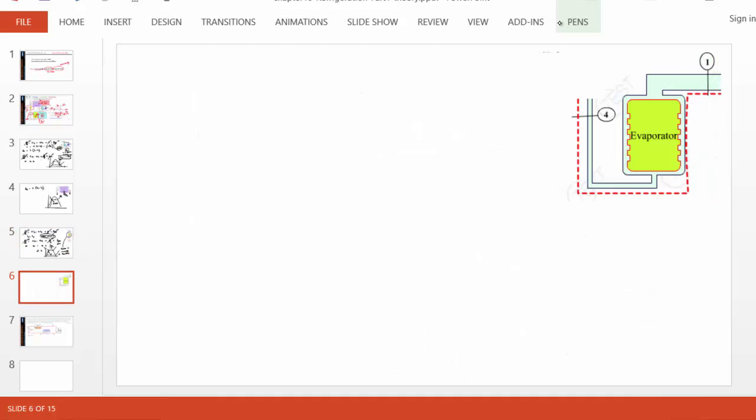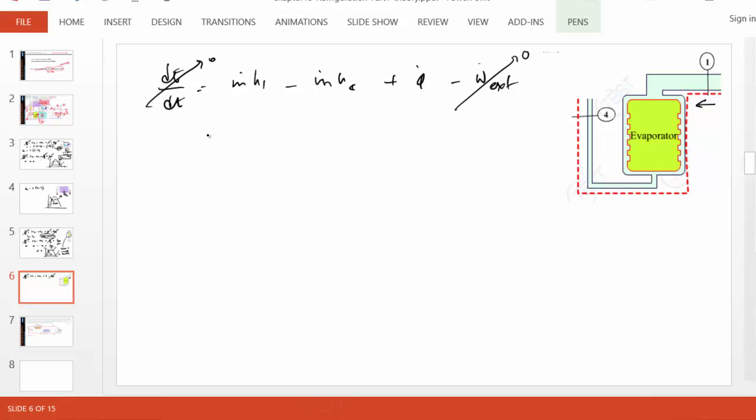Finally, let's analyze the evaporator. In an evaporator, the EDT equals m dot H1, that's the energy coming in, minus m dot H4 plus Q dot minus W dot external, which simplifies as no external work. 0 equals m dot (H1 minus H4) plus Q dot. And Q dot is what? Heat that is added right now.